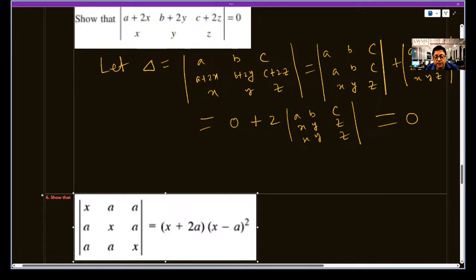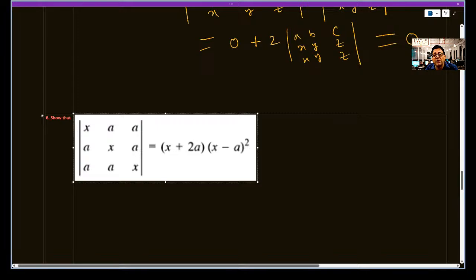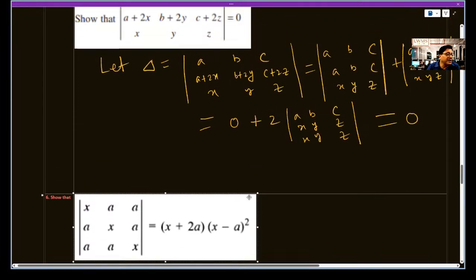Prove that. I hope you can complete this before I do. You all try it, I will be waiting. Try this first. X plus 2a, you see the right hand side and try your level best to get it.